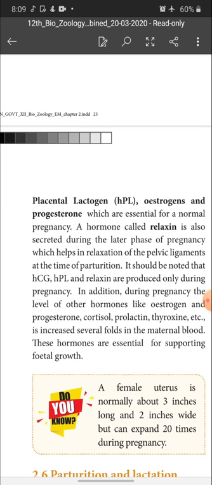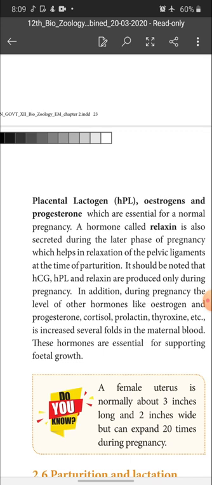A hormone called relaxin is also secreted during the later phase of pregnancy, which helps in the relaxation of the pelvic ligament at the time of parturition.